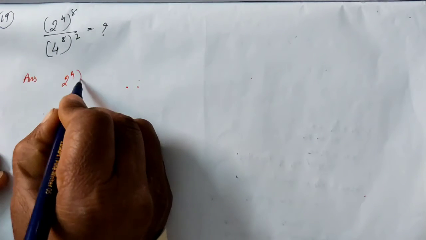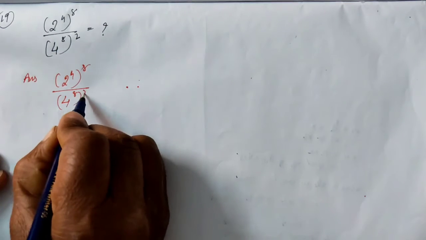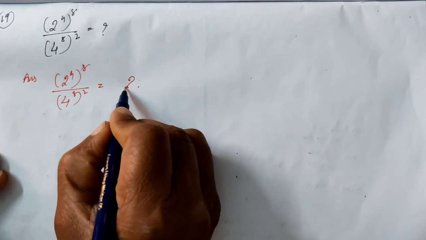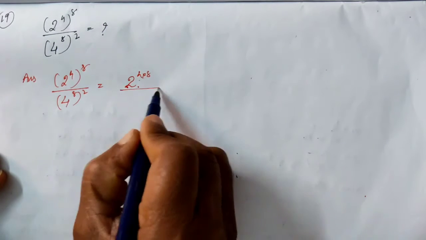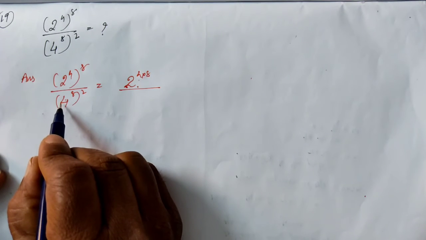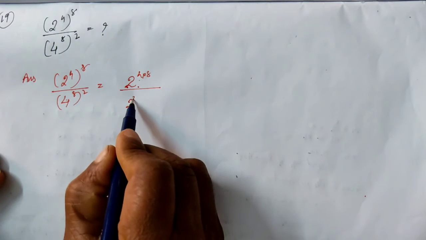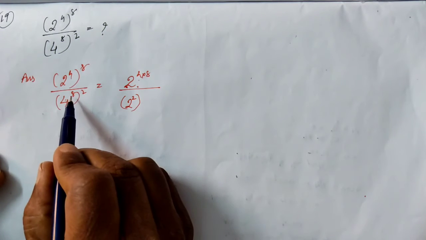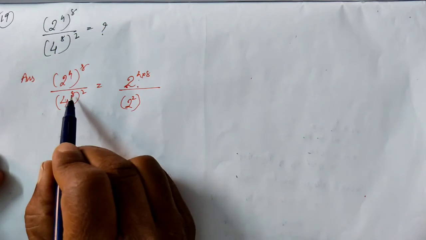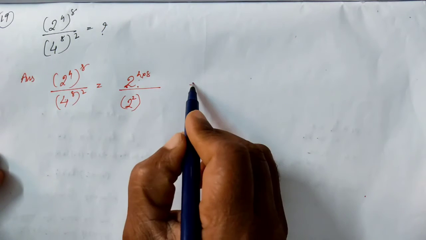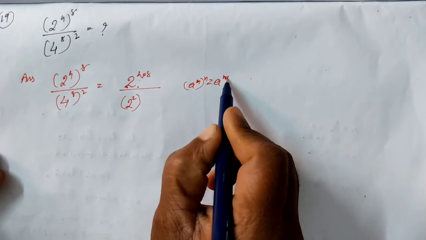So this is 2 to the power of 4 into 8 by, so this 4 can be written as 2 into 2. So 2 into 2 means 2 to the power of 2, and this 4 is written as 2 to the power of 2, and as you know that a to the power of m whole to the power of n is equal to a to the power of mn.